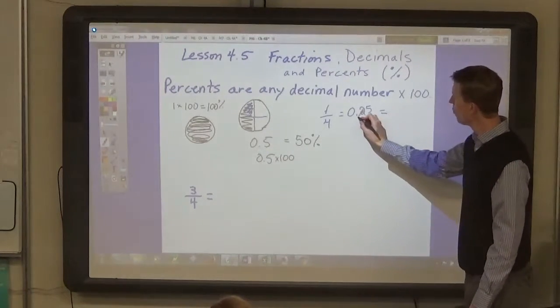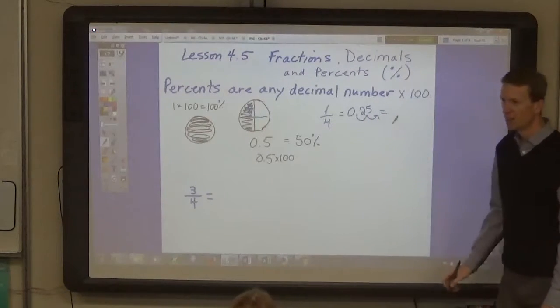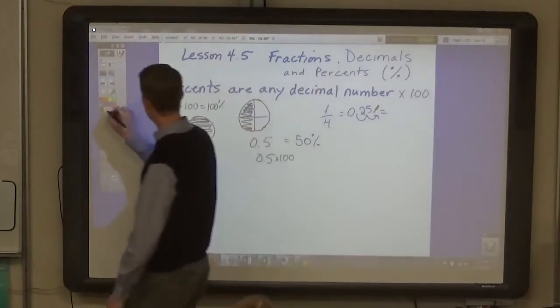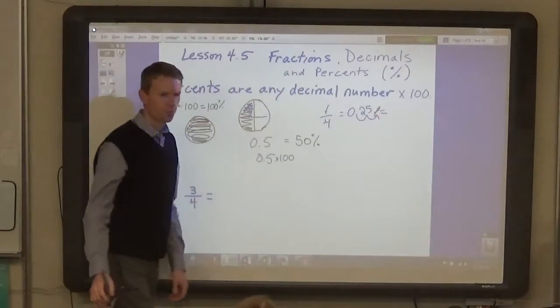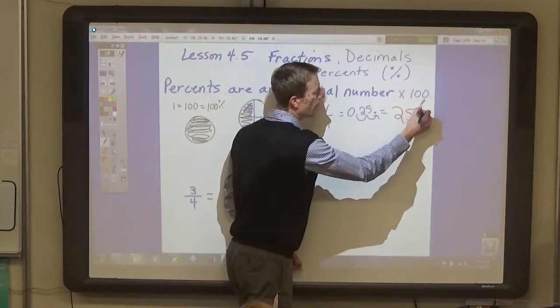And if you move the decimal place to the right 2 places so that the decimal point went from in front of the 2 to behind the 5, now we can write this as 25%.